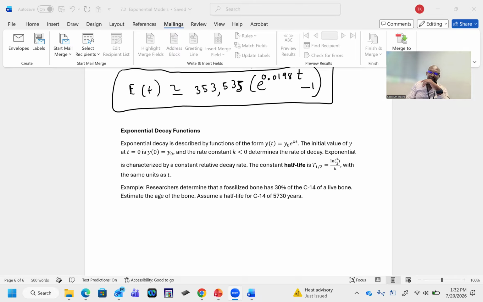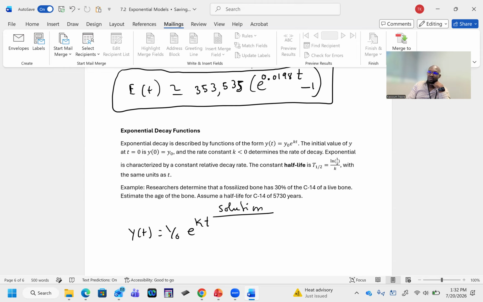Assume a half-life for C14 of 5,730 years. So the exponential decay function is what? y of t is equal to y sub 0 e to the power of kt, right?